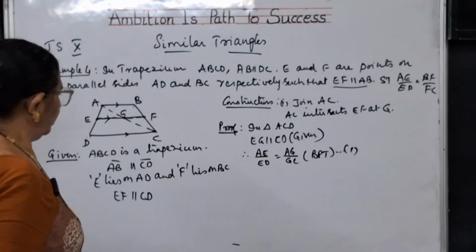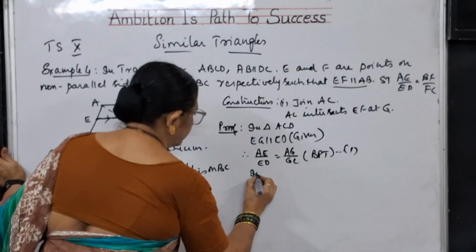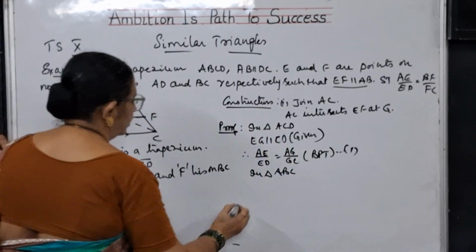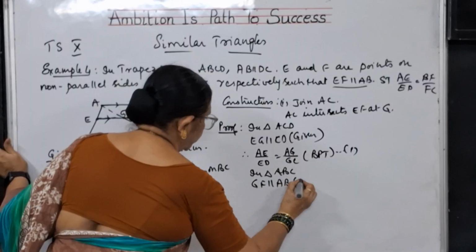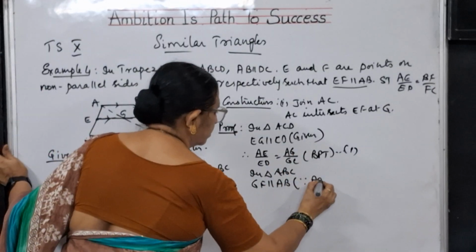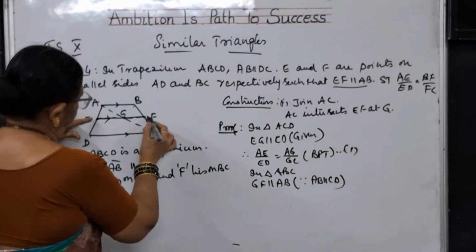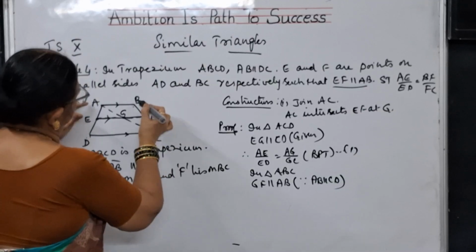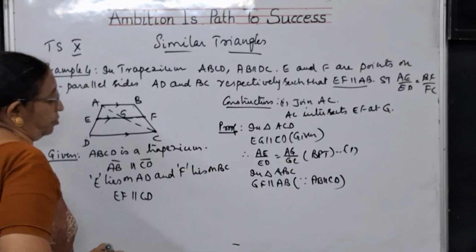Now, let us take triangle ABC. In triangle ABC, GF is parallel to AB. Why is it? Because AB is parallel to CD. See, when EF is parallel to CD and CD is parallel to AB, then definitely this line is parallel to this also.